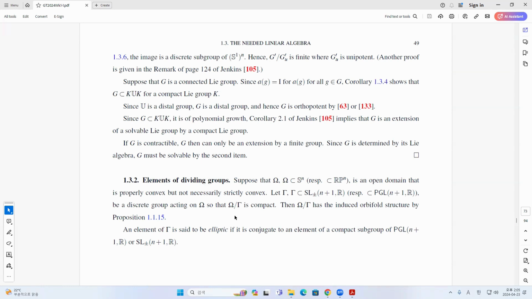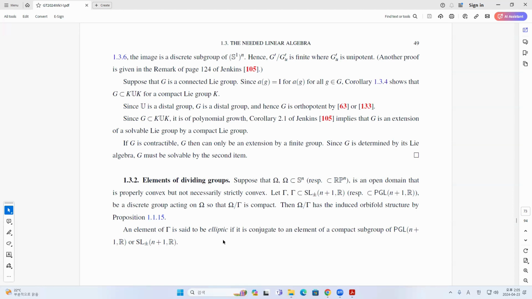So as long as we have a discrete group and the action is by isometries, then automatically you get an orbifold structure, because this group acts properly because of the discreteness and because it's isometry.